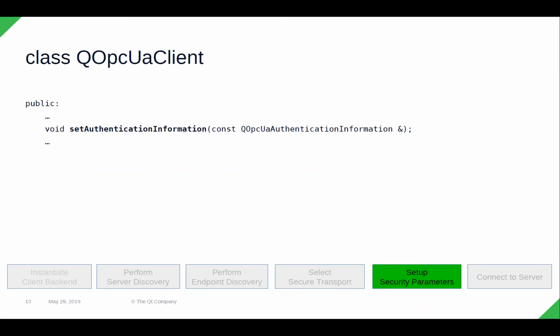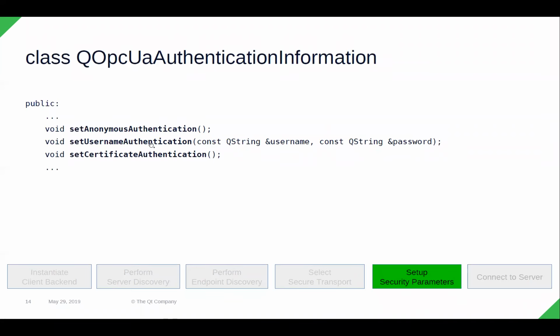The next step is to set the authentication information. This is needed to choose whether you want to connect via username and password, or if you got a certificate to connect to the server. Actually, we are supporting 3 different authentication mechanisms: the anonymous one, the username and password authentication, and the certificate authentication.